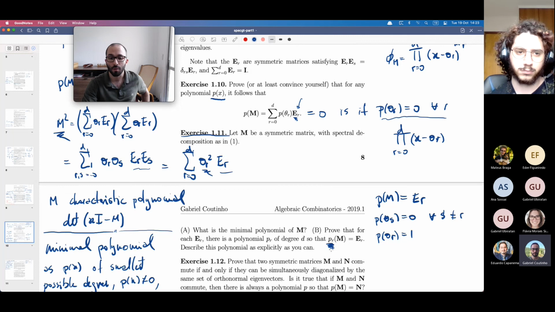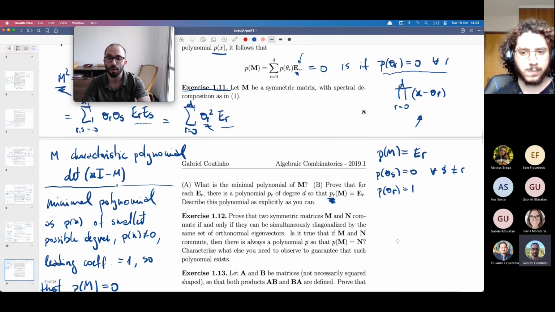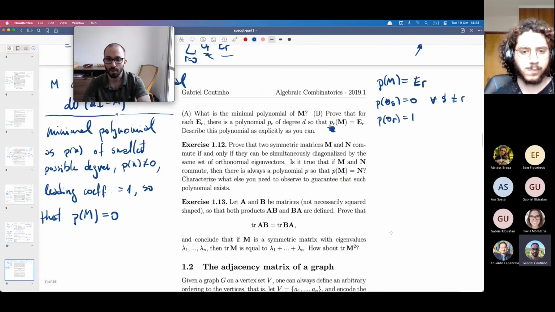I will leave that to you to find on your own, but it's very similar to this, except that for all eigenvalues there will be a term that looks like this, except for theta r, but then it's not difficult for you to fix the top and the bottom. So I'll leave that to you as an easy exercise.